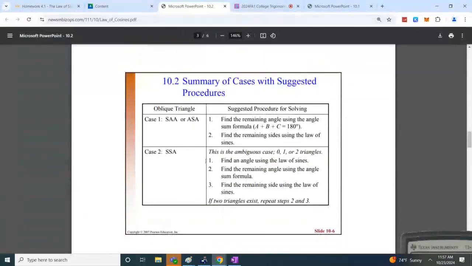If I go back to the suggested procedures, it says find the angle using the law of sines, then find the remaining angle using the sum formula, and then find the remaining side using the law of sines. So the first thing I'm going to do is find an angle using the law of sines.